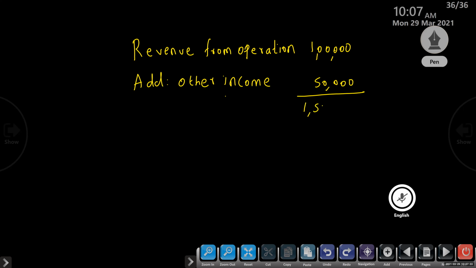So we will get total revenue, the total income. Total revenue is revenue from operations plus other income. Clear? Revenue from operations, add other income, then you will get total revenue.